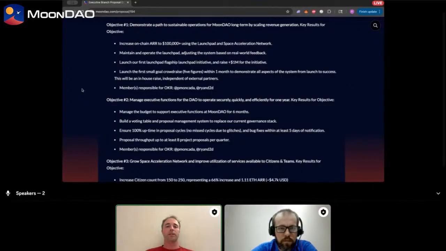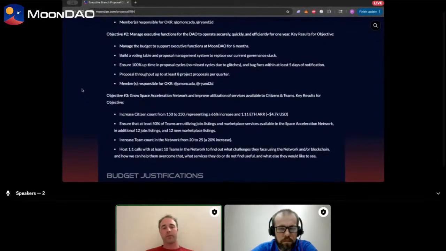Number 2 is all the stuff we have been doing: managing the treasury, managing the votes, running the incentive system, doing all the stuff that is required to keep the lights on at MoonDAO. Something we've identified as a core project here is we want to build our own independent voting table and proposal management software.